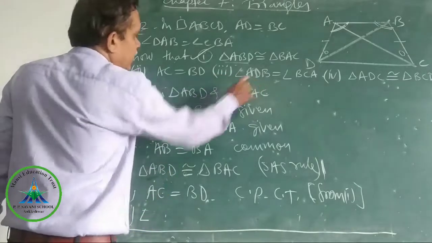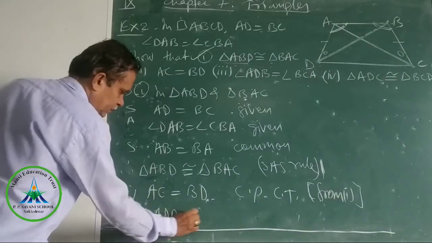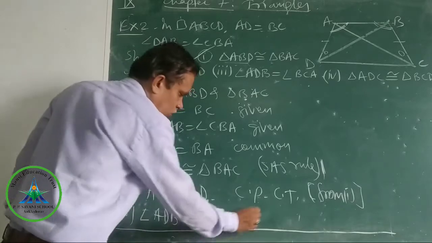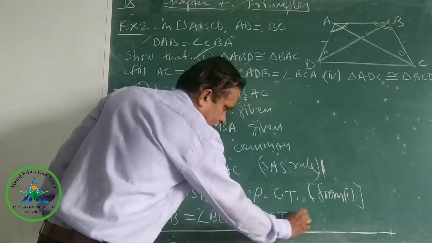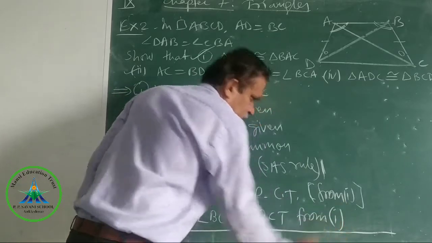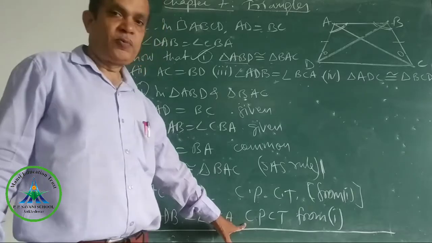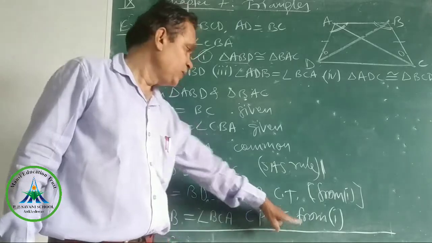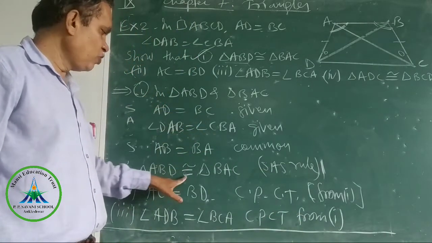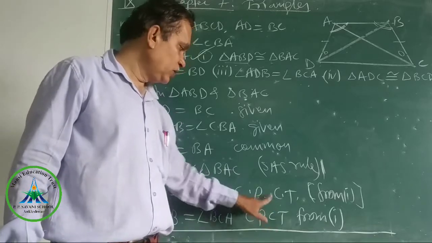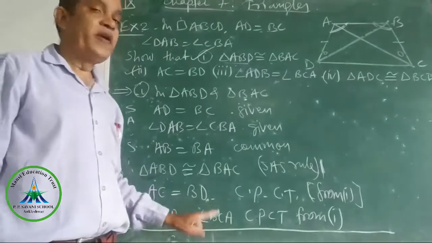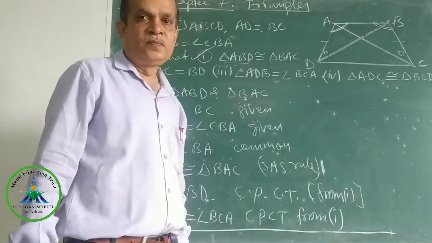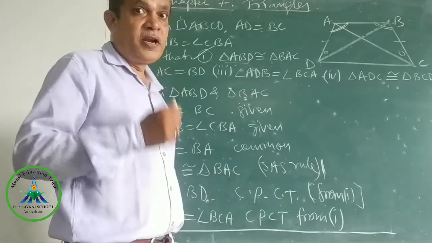Angle ADB equal to angle BCA. The support is corresponding parts of congruent triangles from 1. Otherwise, if you write 'therefore equal' with no support, you may not get marks. Marks are for writing, not only for reading.